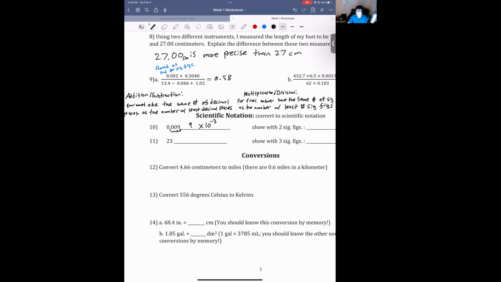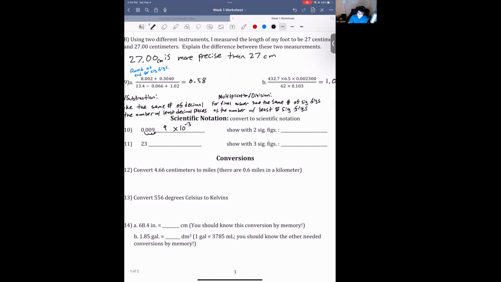You're dividing, so this is technically 9 divided by 10 cubed. That's why it works out to be smaller instead of bigger. If you're to show this with 2 sig figs, in the original problem we can only do it to 1 sig fig. But if we had an extra 0 at the end, we would have 9.0 times 10 to the negative 3.